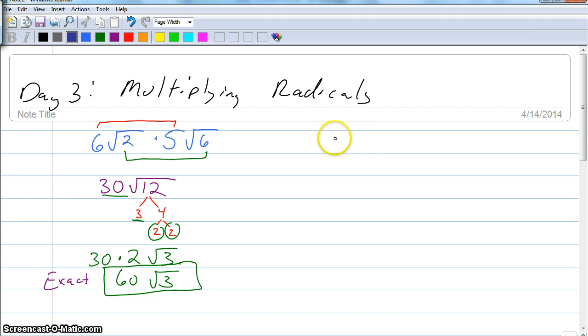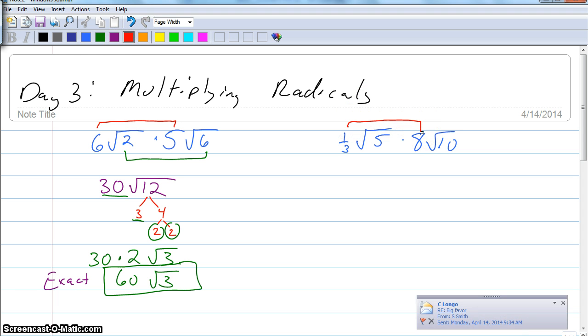Let's try another one. How about 1/3 times root 5 times 8 root 10. All right, so again, regular times regular.